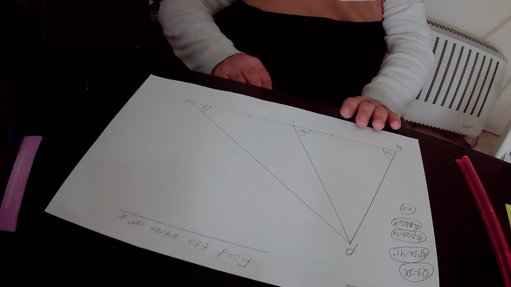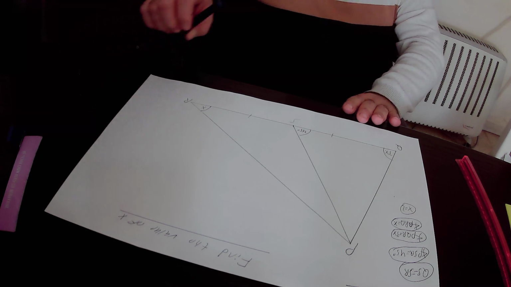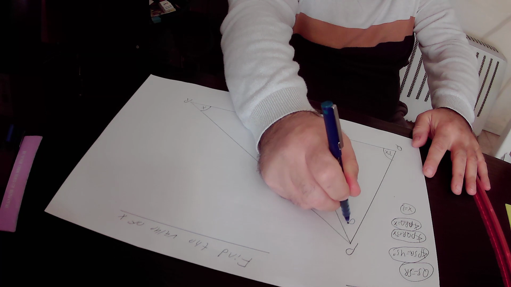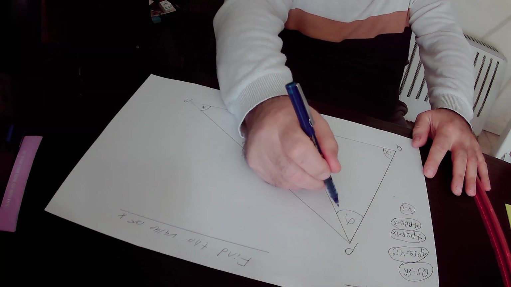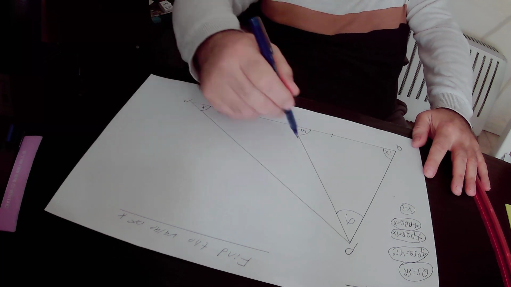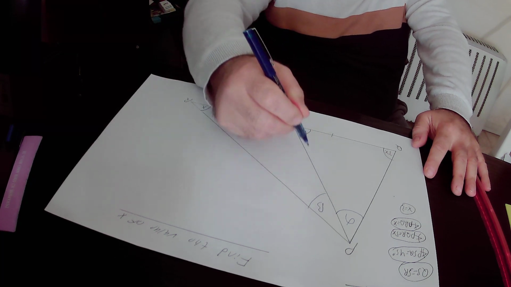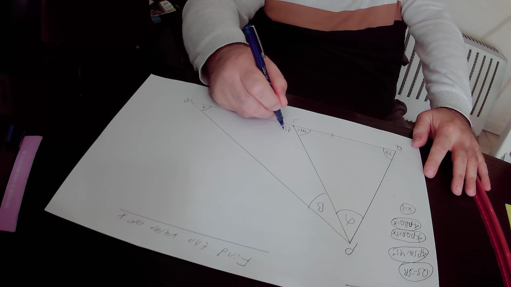So in the second method, we will define angle QPS as alpha, and we will define angle SPR as beta, as we did in the first method. We have already found out that this angle equals 135 degrees.